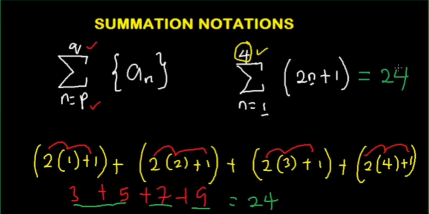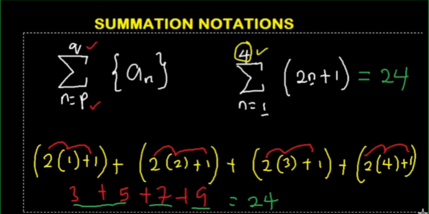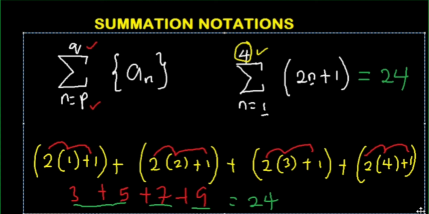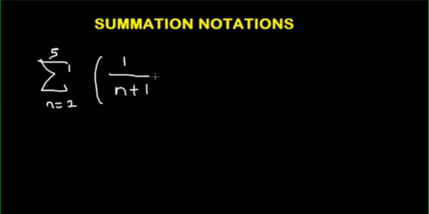That's pretty much how to do sigma notation. Okay, let me give you one more example to get more clarification. Suppose we have another example like this: a summation with 5 on top and n equals 2 at the bottom, and the general formula is 1 over n plus 1.